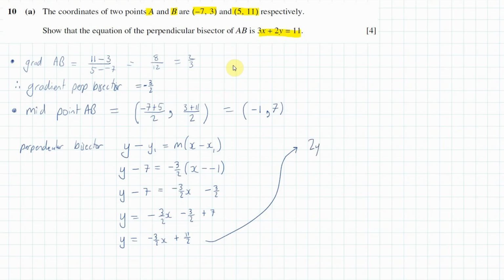So I'll have 2y equals -3x plus 11. I bring my 3x over to join my y, and I have now demonstrated that the perpendicular bisector is equal to that. So I've done all the steps here. I'm good to go.